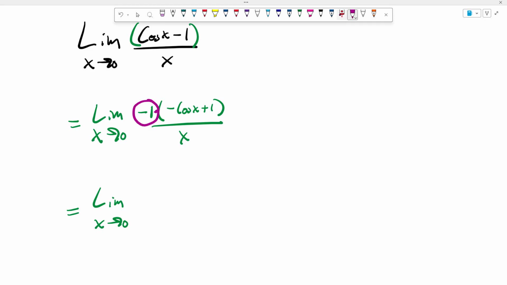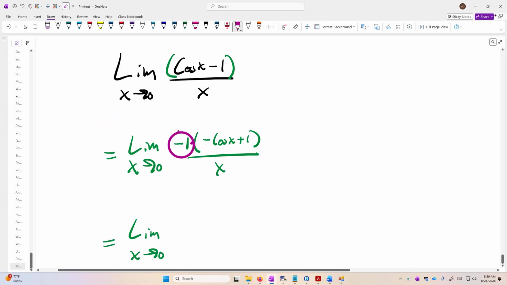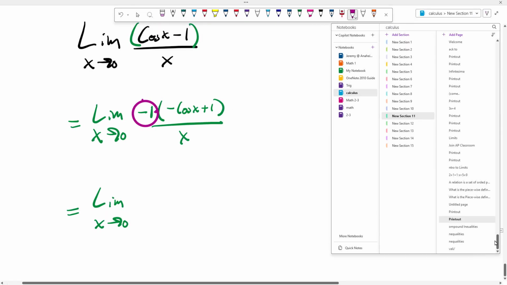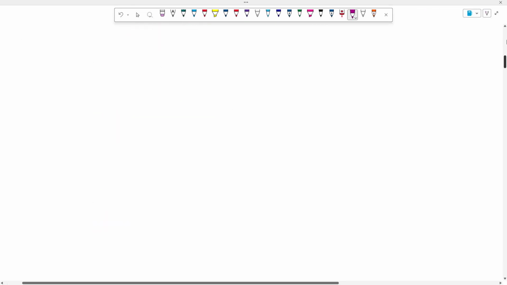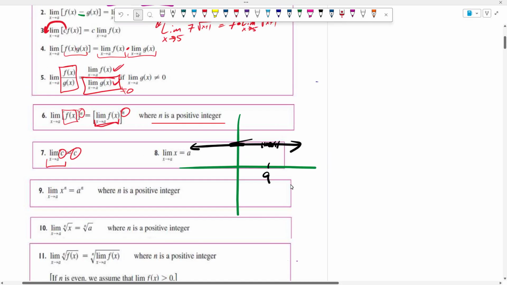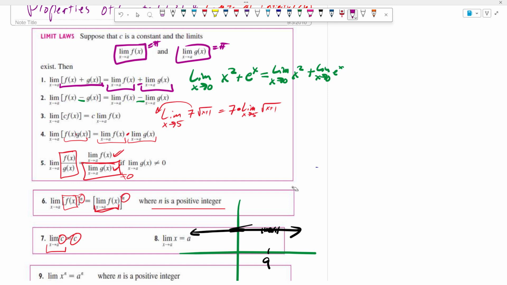Where are my limit laws here? Or was it at the very top? Yeah, here it is. This one right here. If you have a coefficient in front, what can I do with the coefficient? We can bring it outside the limit right here.